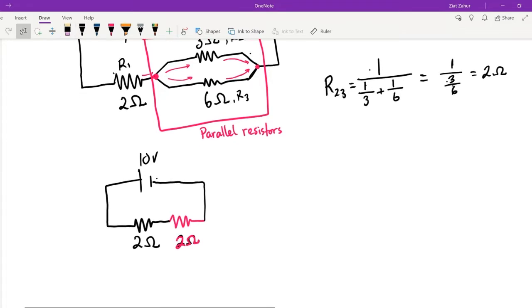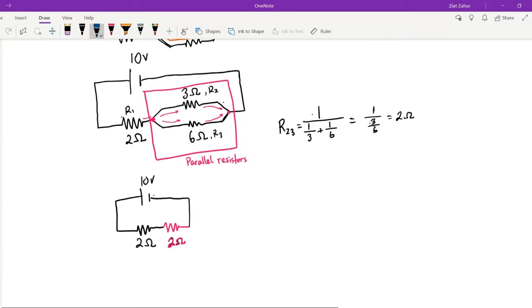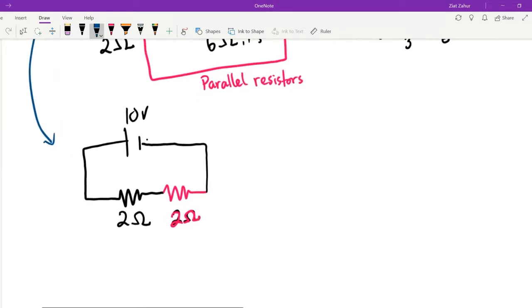Now we can look at this new circuit. We went from this one to this one, and in this new model, current goes through the 2 ohm, and now that same current is going through this new 2 ohm resistor.